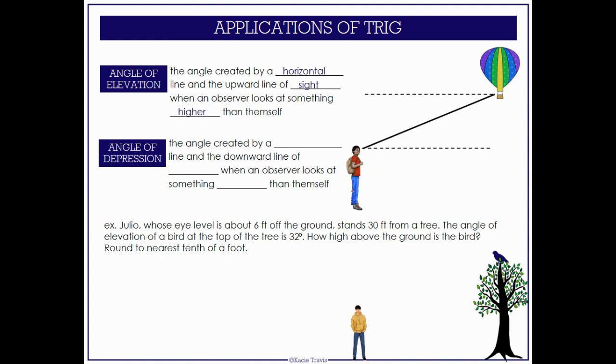So, here's our friend over here. He's looking at this hot air balloon. If we're looking at the angle of elevation, we have a horizontal line and there is a line that's going straight from him to our balloon. And that is based off of this angle that we have going on here, this angle of elevation.